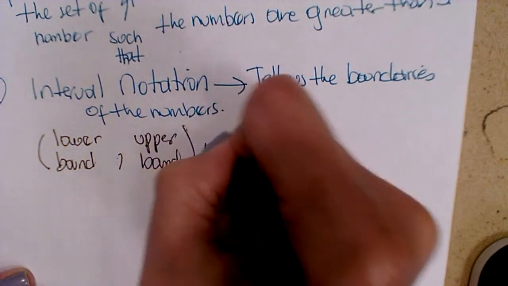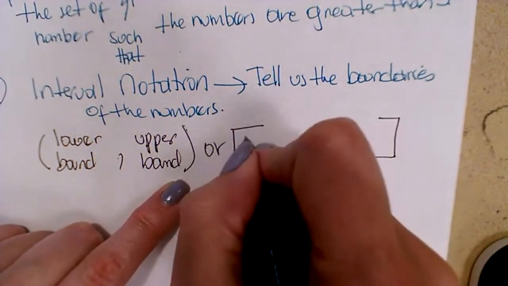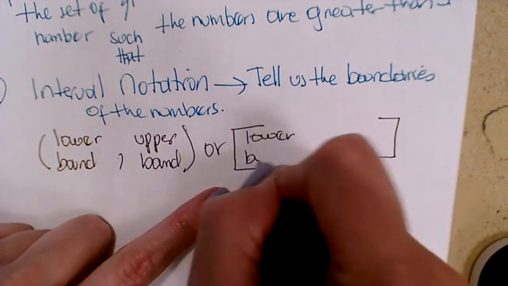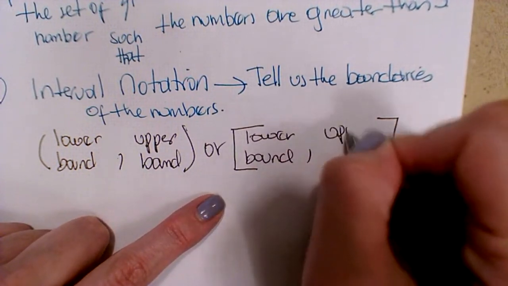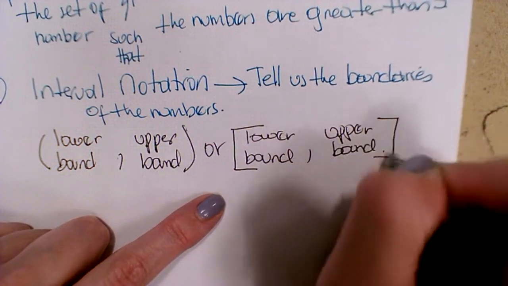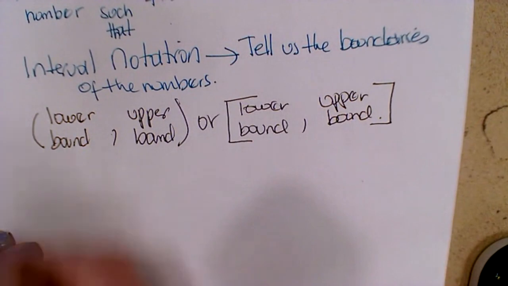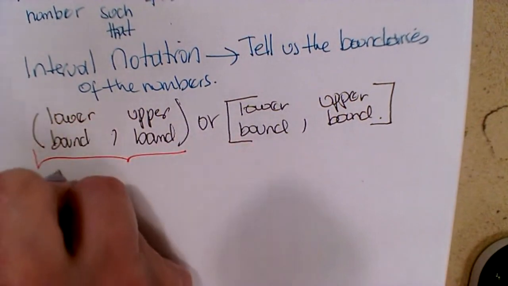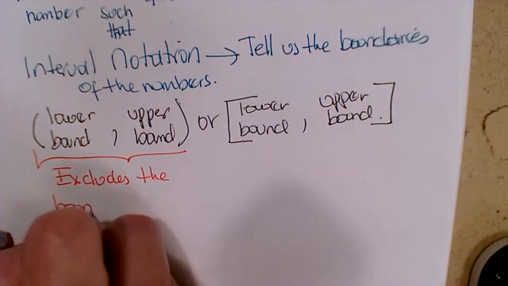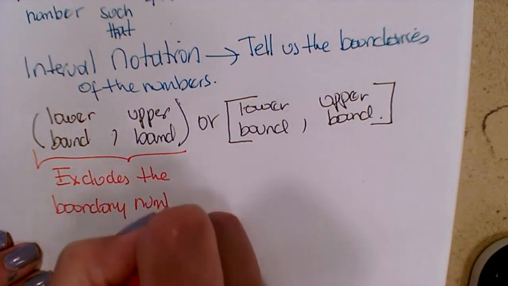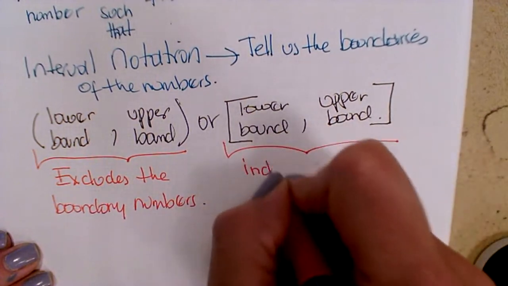Or remember brackets, no? Open parenthesis, or when it's included, we're going to use the bracket. This one, like we said, is the boundary numbers. Okay, and this one includes.